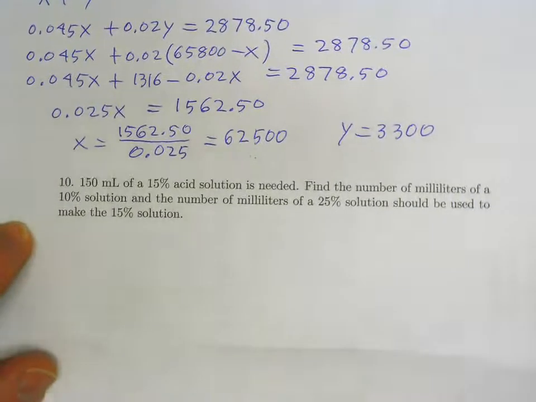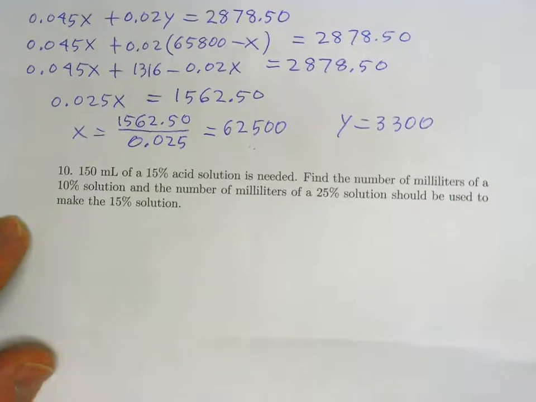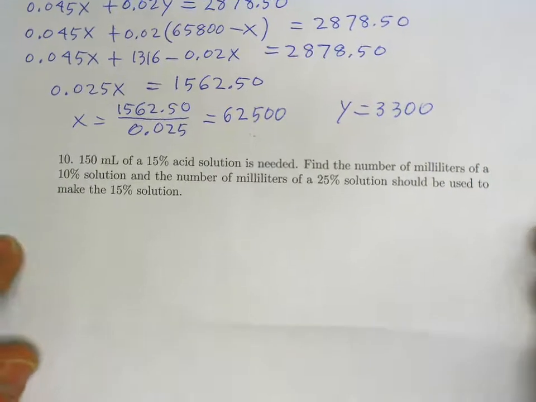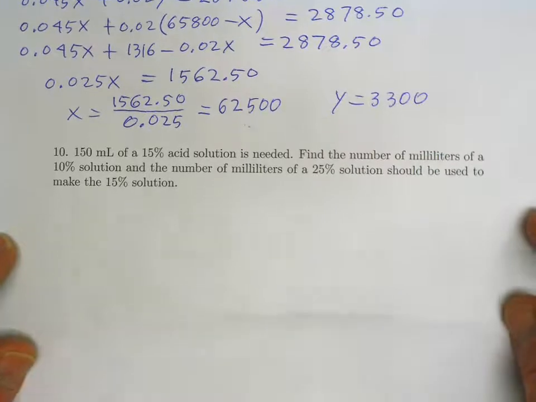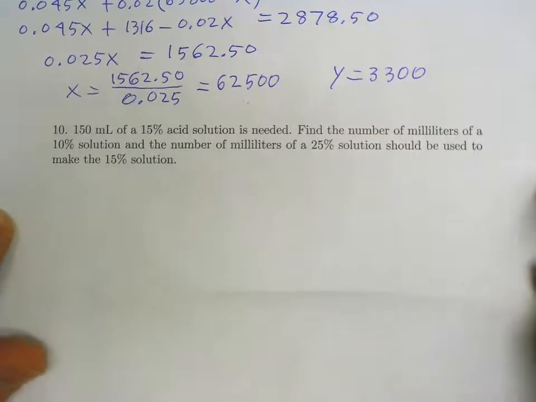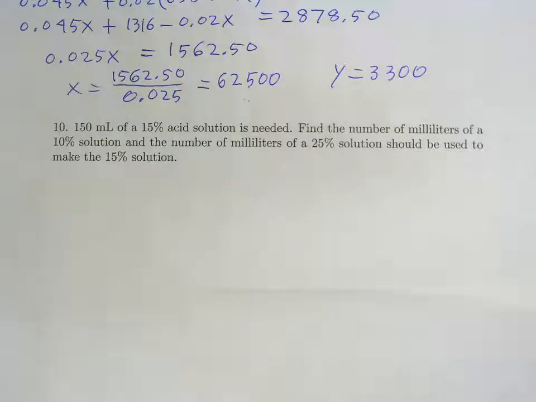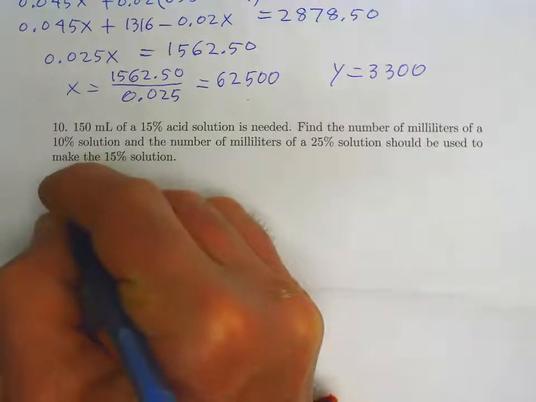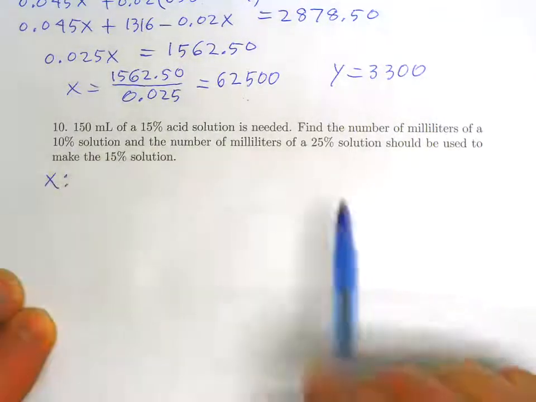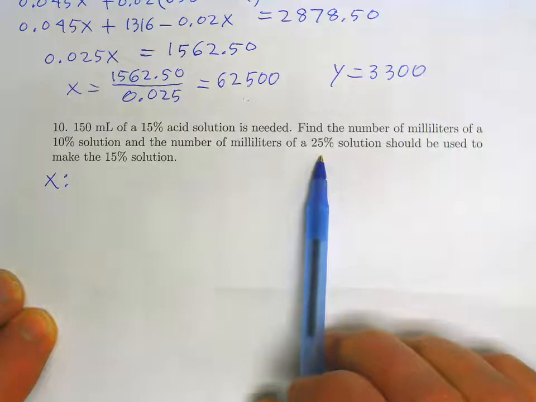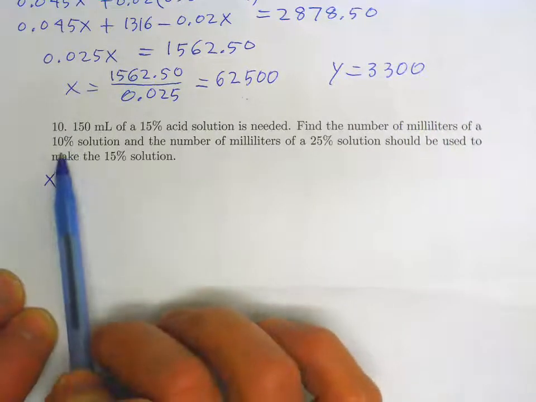150 milliliters of a 15% acid solution is needed. Find the number of milliliters of a 10% solution and the number of milliliters of a 25% solution that should be used to make a 15% solution. Okay, so we're going to take a certain number of liters that is 10% acid.